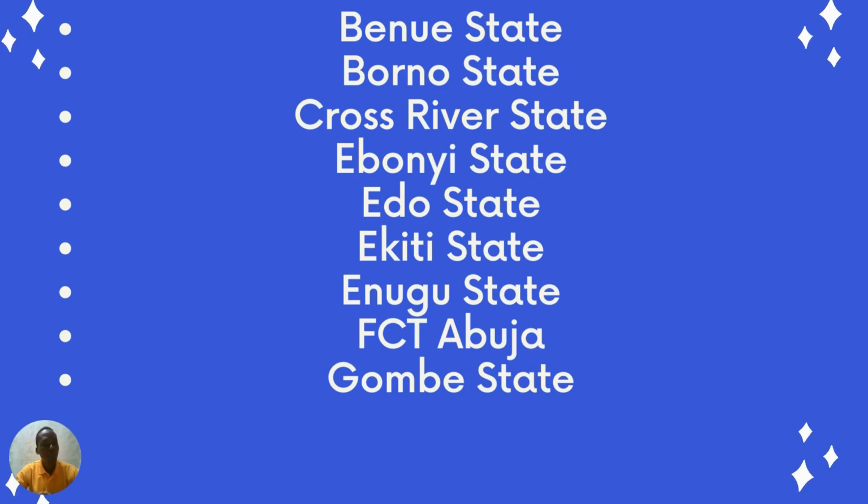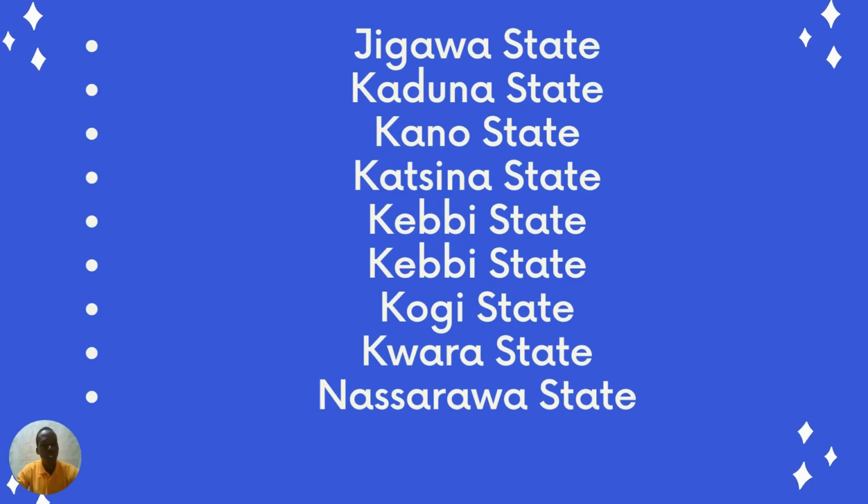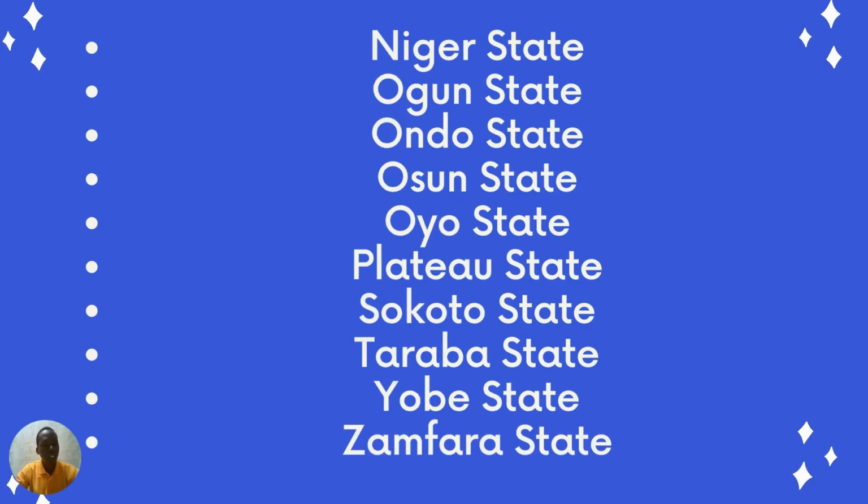We have Benue, Borno, Cross River, Ebonyi State, Edo State, Ekiti State, Enugu State, FCT Abuja, Gombe, Jigawa State, Kaduna, Kano, Katsina, Kebbi State, Kogi State, Kwara State, Nasarawa State, Niger State, Ogun State, Ondo State, Osun State, Oyo State, Plateau State, Sokoto State, Taraba, Yobe State, and Zamfara State. So if your state is not here, you should know that they don't have a website, or if you took the examination in any of these states, you have to go to the Neco state branch to check your results.